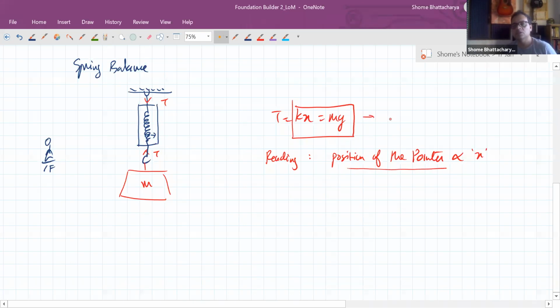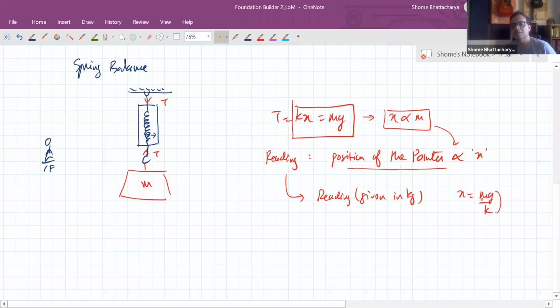And from here you can see that x is proportional to mass m. So ultimately that is what is used. So the reading is given in kgs. Okay. So basically x equal to mg by k, but it is expressed as some constant into m, and that constant, as you can see, is g by k.